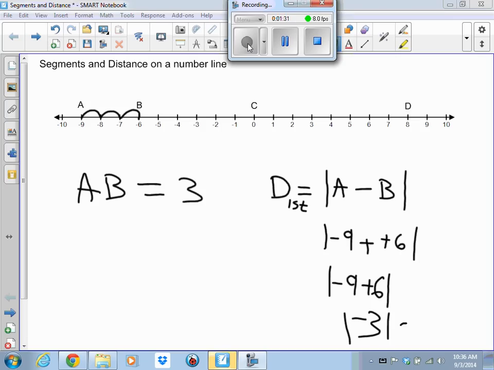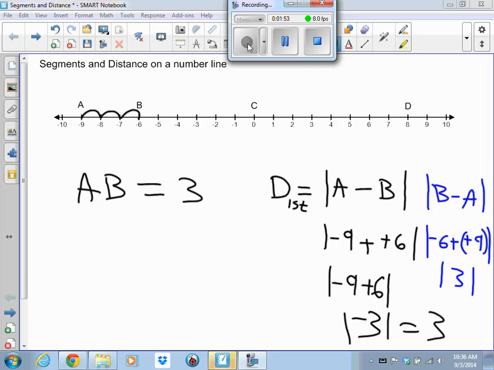The absolute value of -3 is 3. So that's our distance. Same thing would have happened if we would have gone the other way around, B minus A. We get -6 minus -9, which would be +9. And then we would get +3, and the absolute value of +3 is 3.